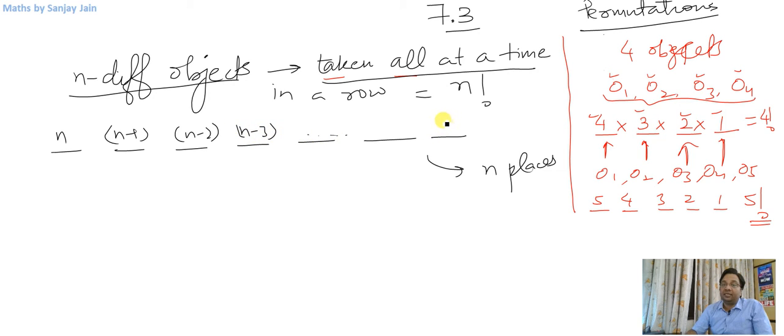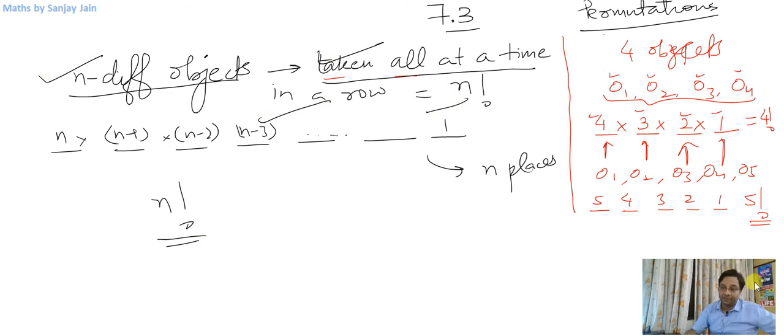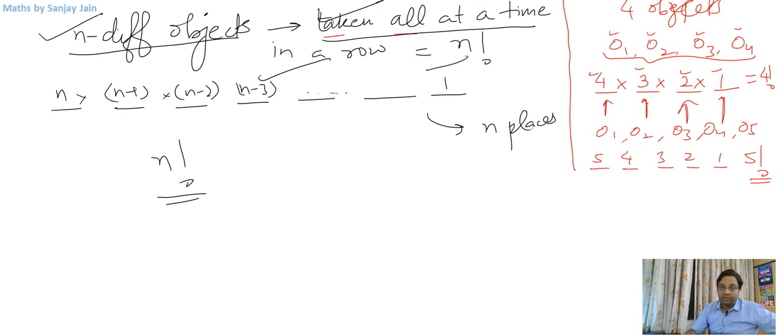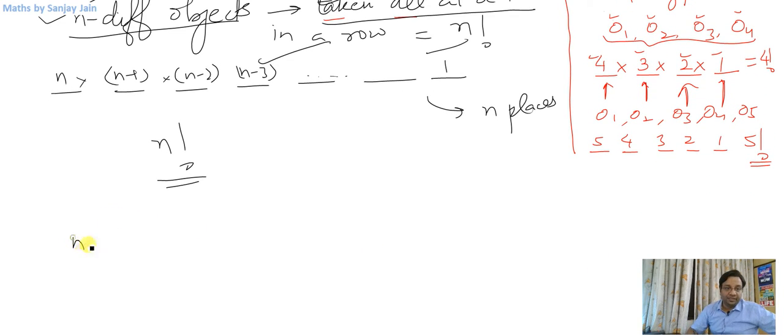Last place, that is nth place, will be filled in 1 way. Okay, so what is this product? This product is n factorial. So I can say n different objects taken all at a time in a row can be arranged in n factorial ways.